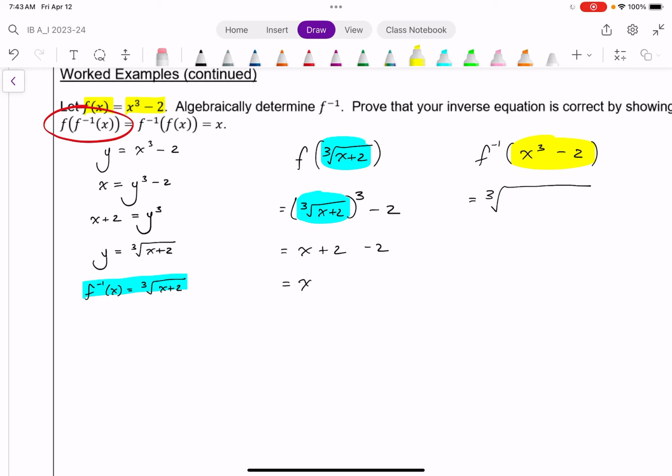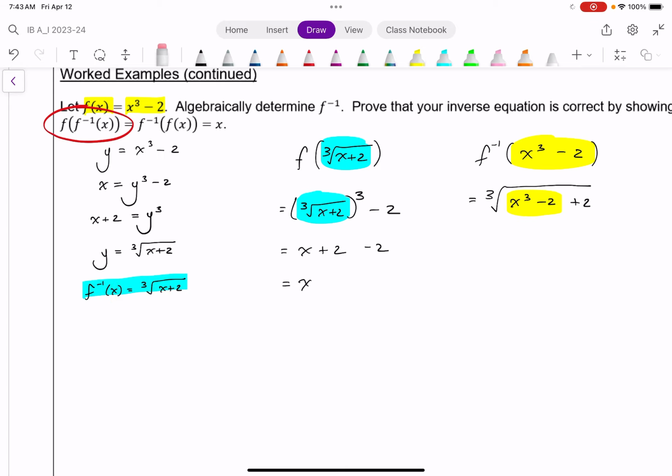In this case, my input is x cubed minus 2. And again, what I'm essentially doing, if you're unsure about any of that, is what you see highlighted in yellow. That is what I substituted right there. So instead of substituting x into here, I'm substituting x cubed minus 2.